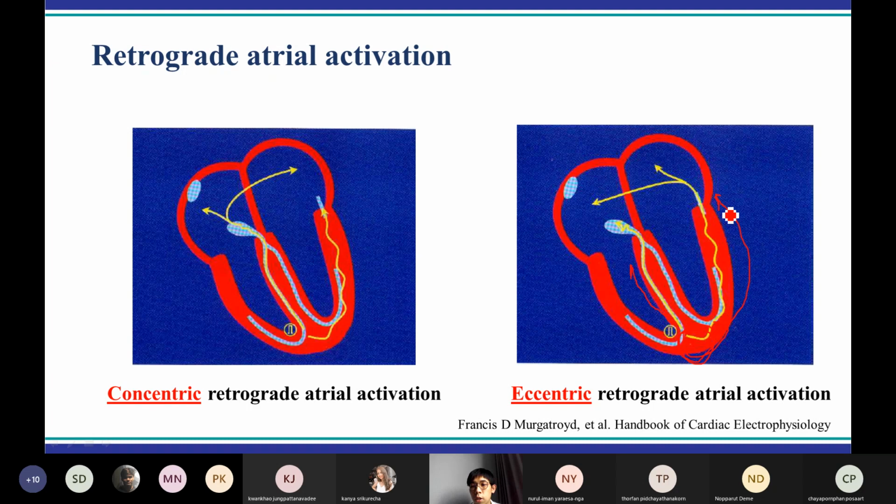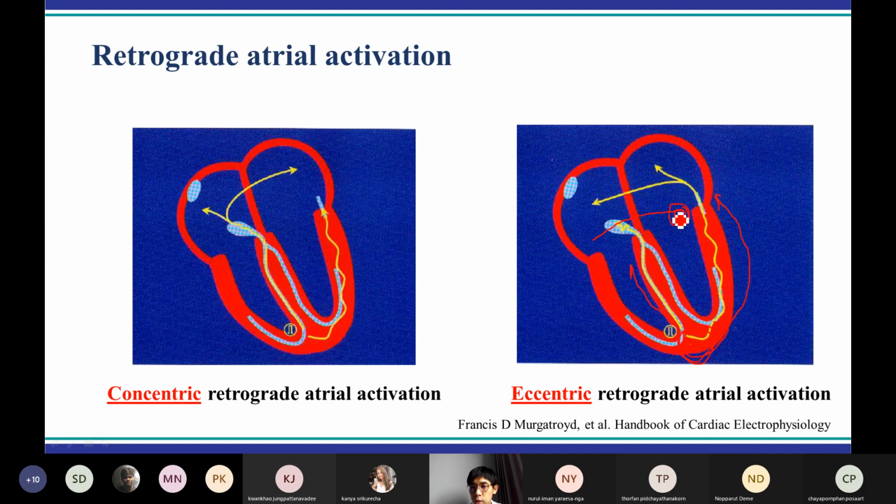It cannot slow down the signal. So the signal which travels through the accessory pathway would likely reach the atrium first, and this would result in activation from the distal CS catheter first, because the distal CS catheter will be in here.